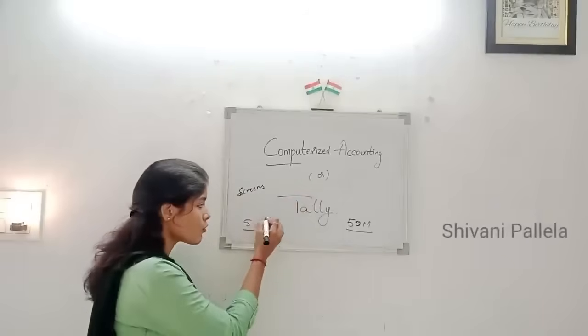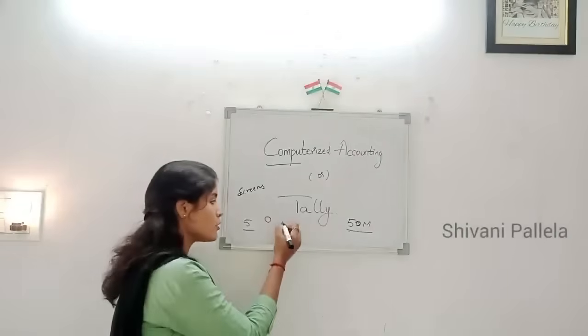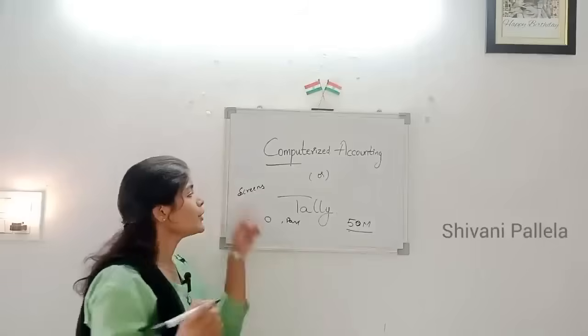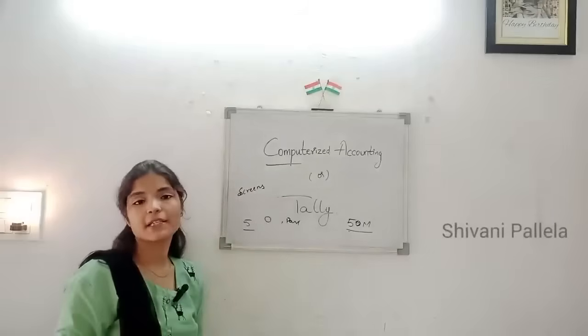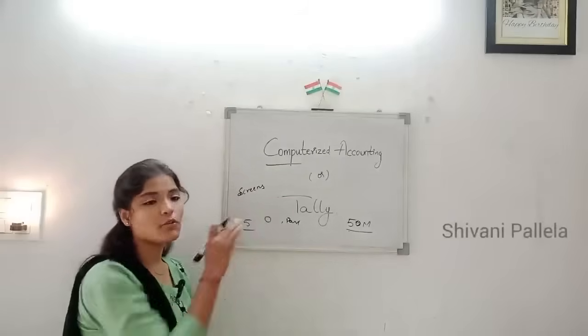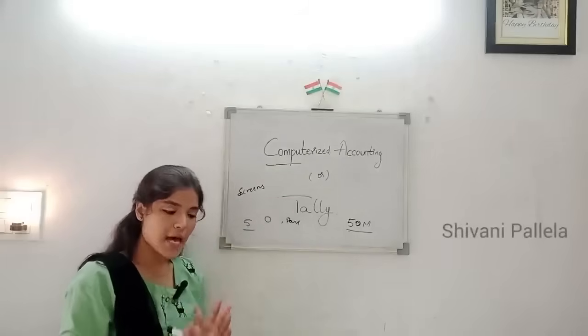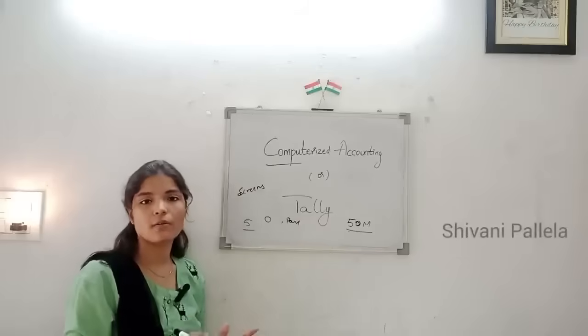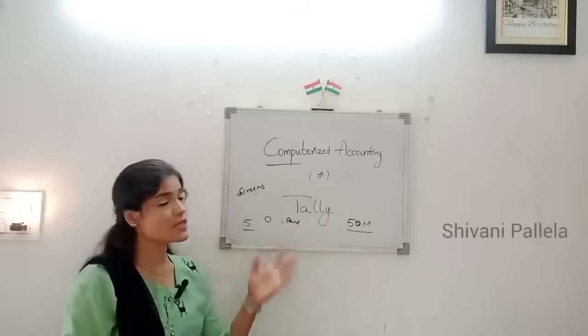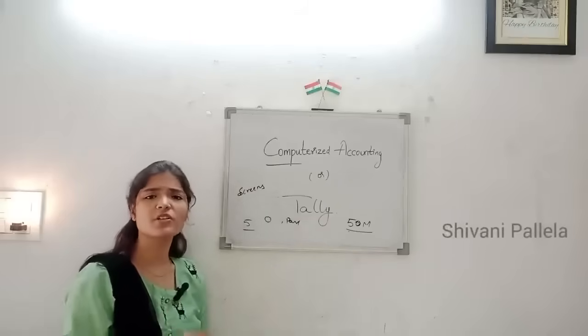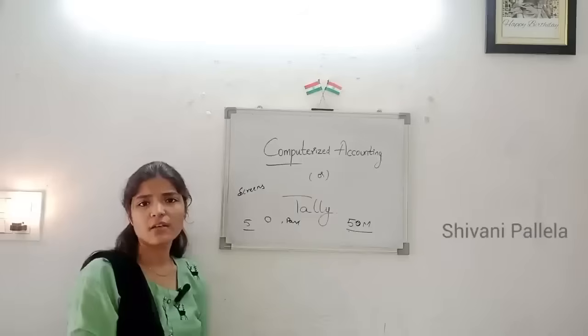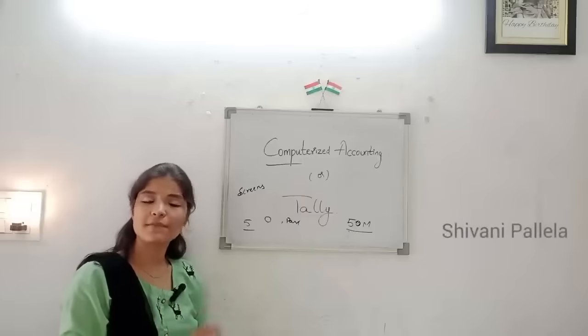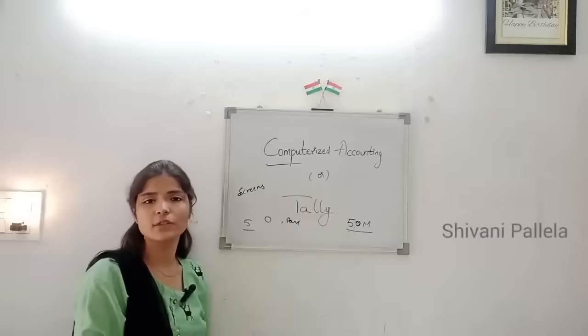If you want to score an O grade, or even passing marks, what the paper corrector will see is whether the student has drawn the screens or not, because in computerized accounting, in each question you can draw the particular screen. Everything I will discuss in this video.